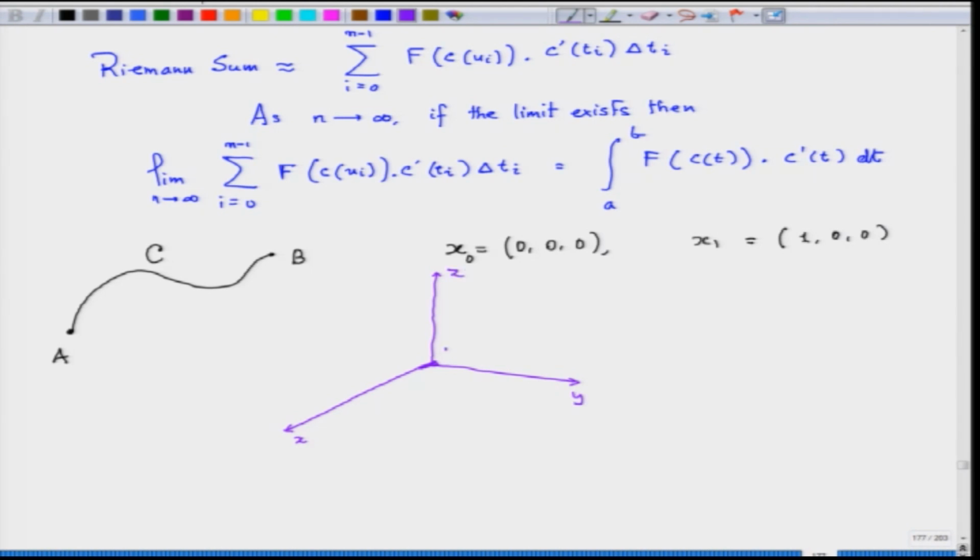Essentially I am looking to move from this point to this point along the line segment. Maybe I should take the black and join the line segments, and the remaining part can be in this color.